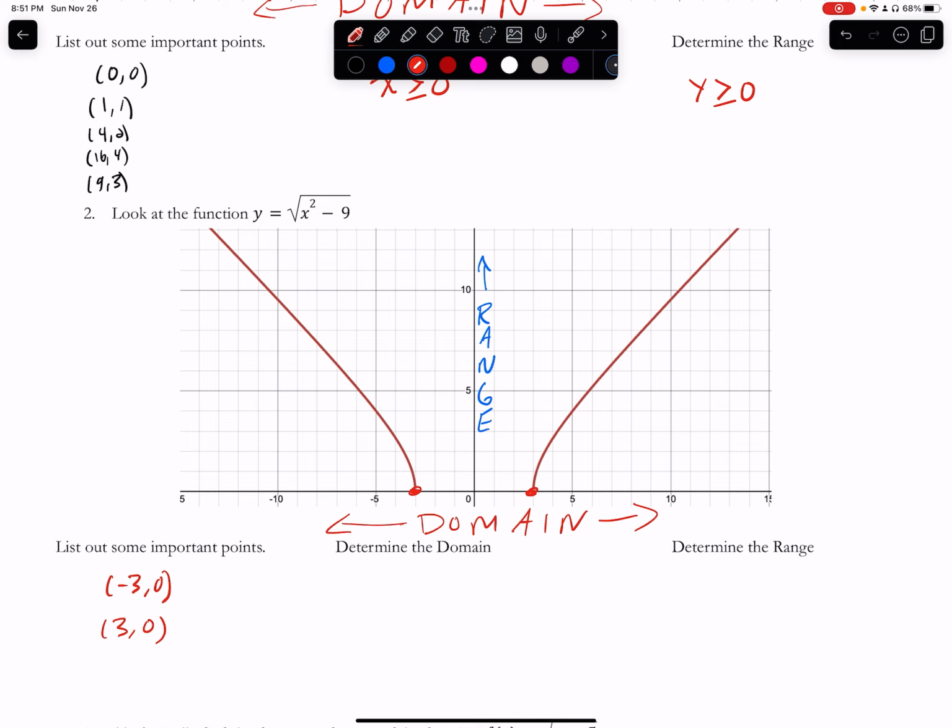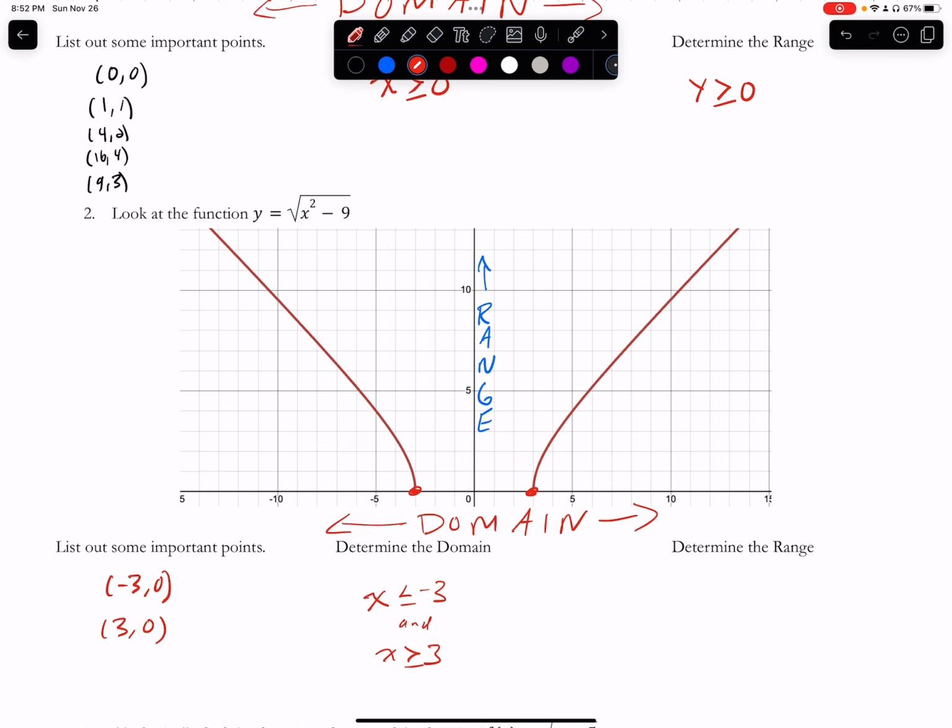So you could say x has got to be less than or equal to negative 3, and x has got to be greater than or equal to 3. Okay, so there's a couple of different ways to write that notation. This is totally acceptable for us.